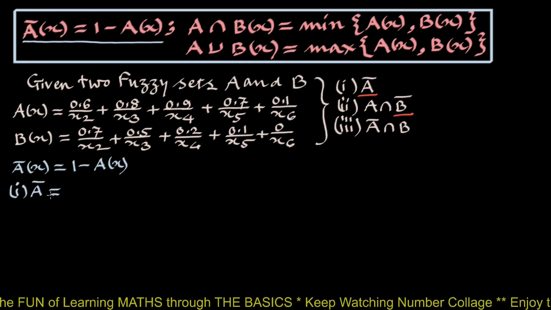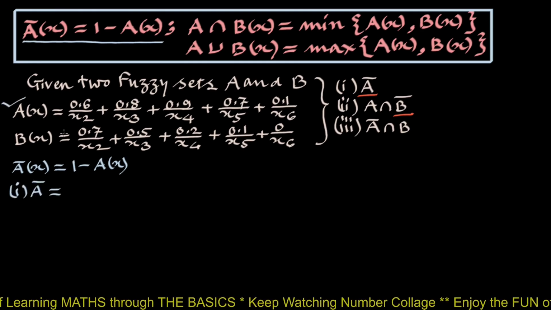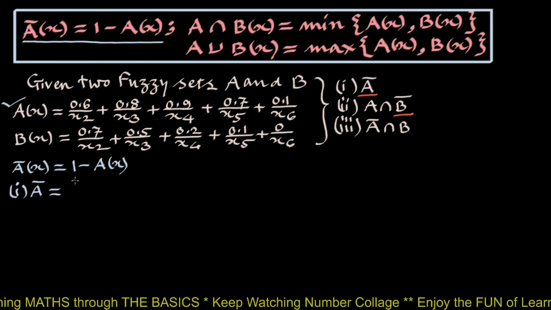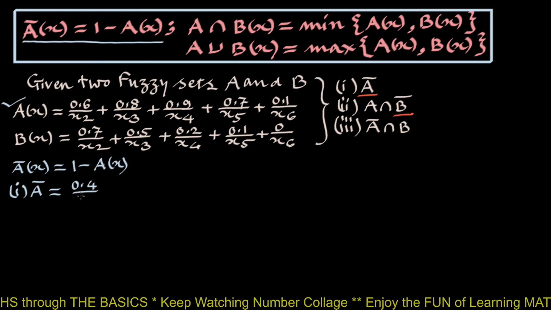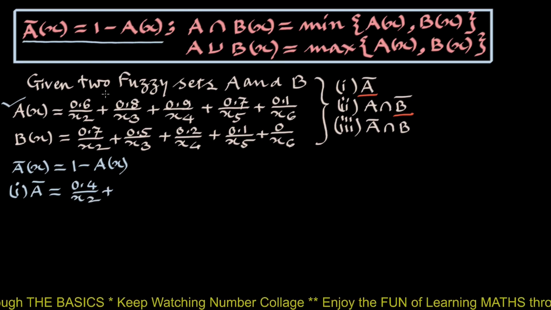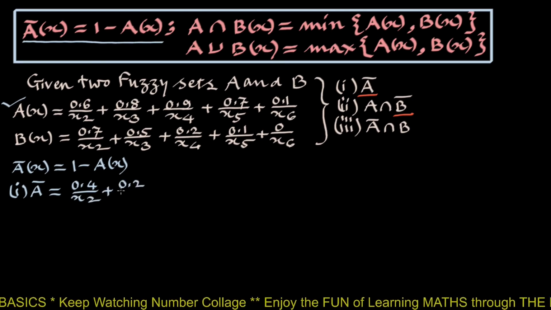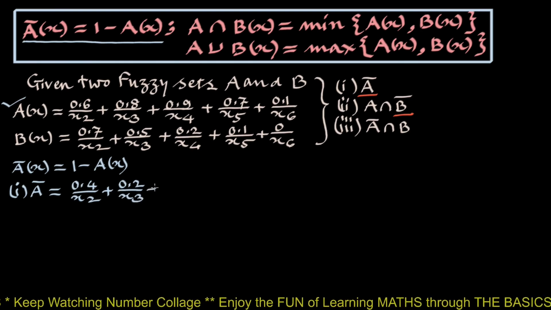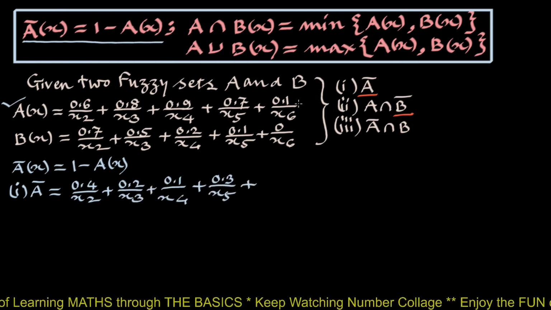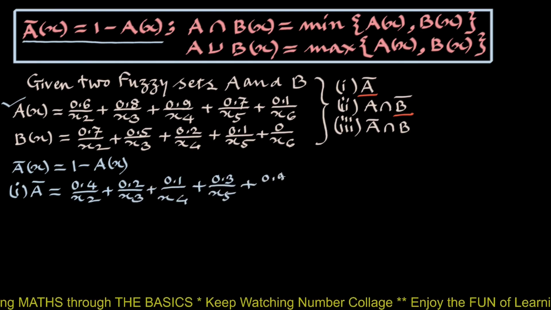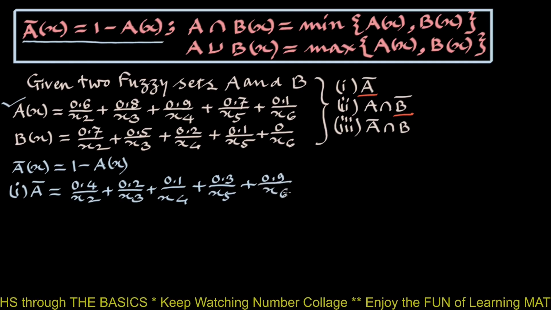A bar equals, from this A of x, 1 minus 0.6, 0.4 upon x2 plus 1 minus 0.8, 0.2 upon x3 plus etc. plus 1 minus 0.1, 0.9 upon x6.